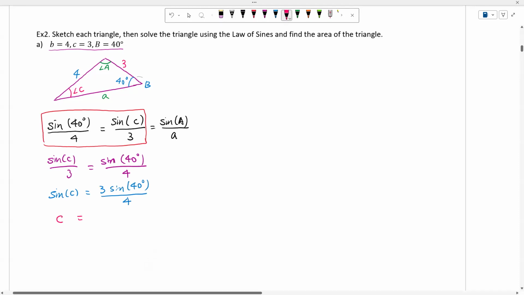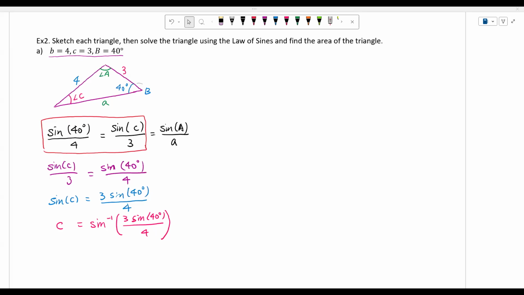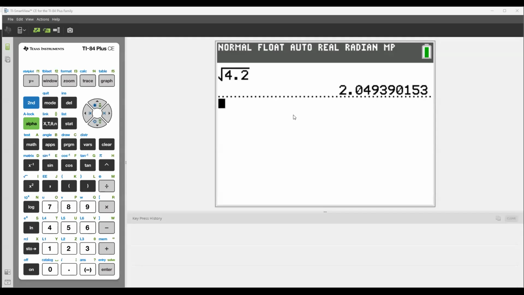And C will be, again, we could use the inverse, right? The sine inverse of 3 sine of 40 degrees over 4. Then what we could do is use a calculator to help us find the answer. Let us turn on our calculator, and then we would like to input.